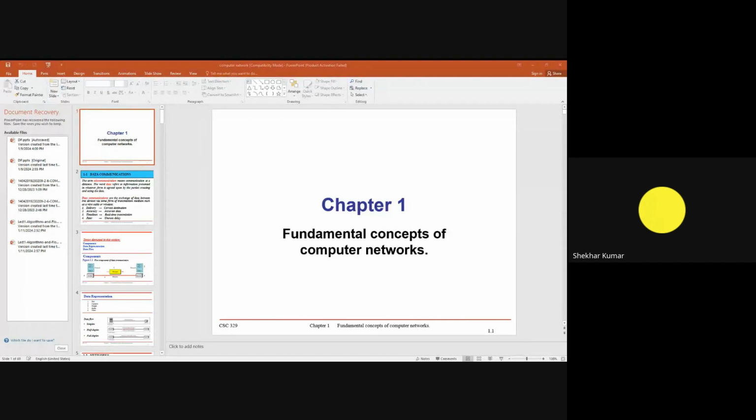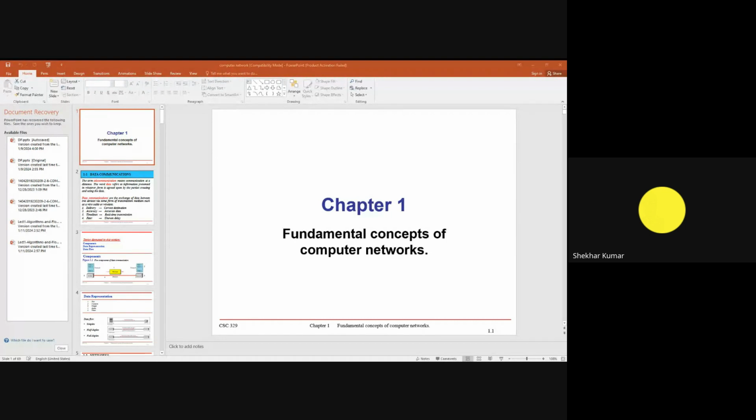So this was the first network designed at that time to develop interconnection between networks. That was called ARPANET, by a US agency.